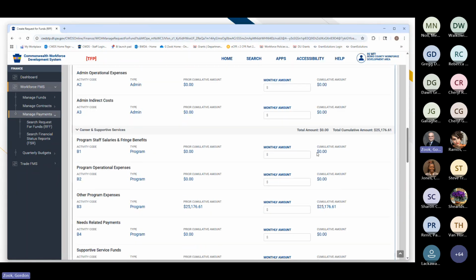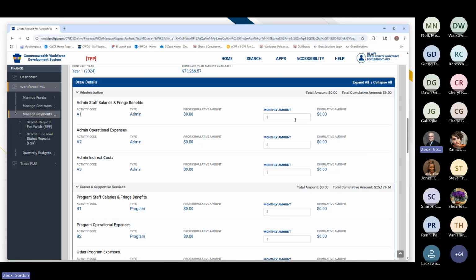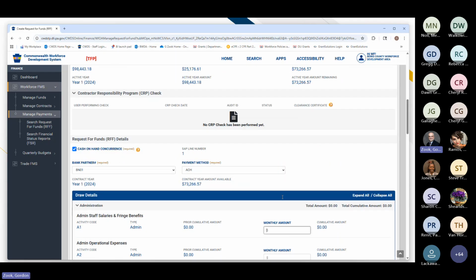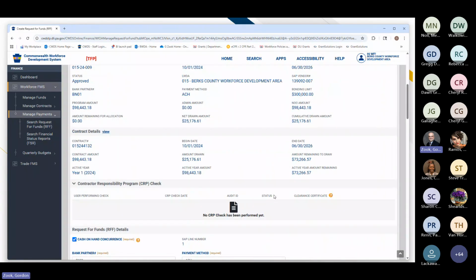Okay, what we need you to do is to provide numbers for each of the area cost categories that you expect to be making expenditures for. These don't have to be exactly the same numbers as you would report in your FSRs, which are actual expenses, but they should be close. Periodically, we see that people put everything in just other program expenses rather than breaking it out.